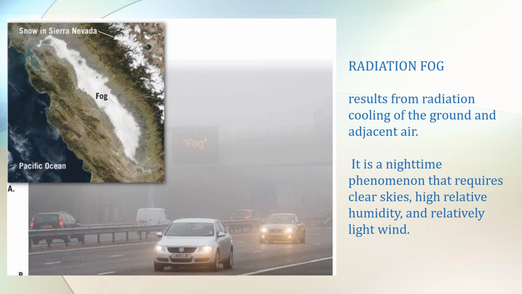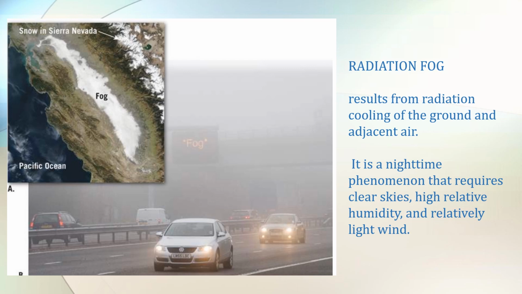What you can see in this one is the radiation fog. In this picture, this is the satellite image of a dense fog. This early morning radiation fog was responsible for several car accidents.